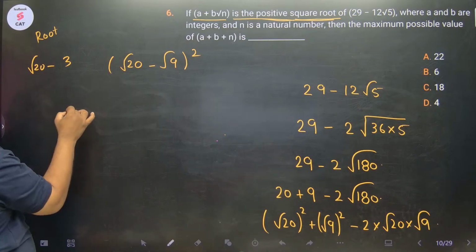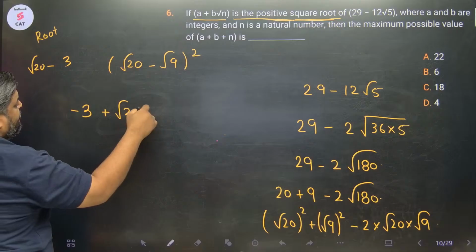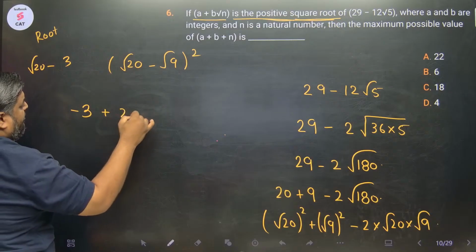So we write it further as minus 3 plus root 20, and root 20 I can write as 2 root 5.